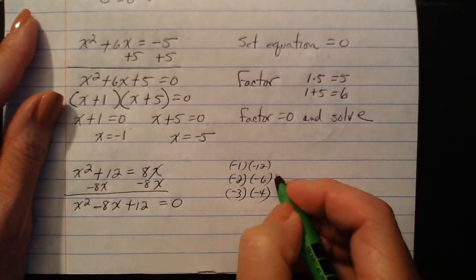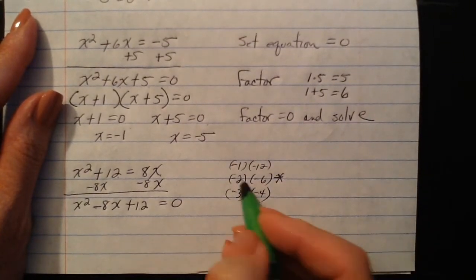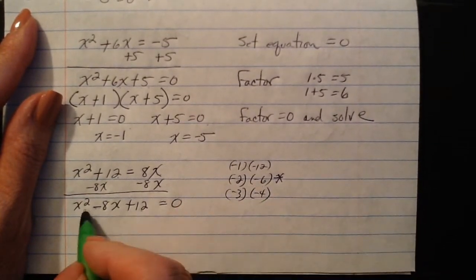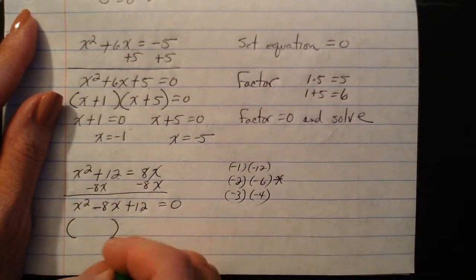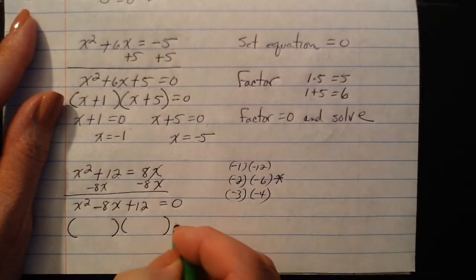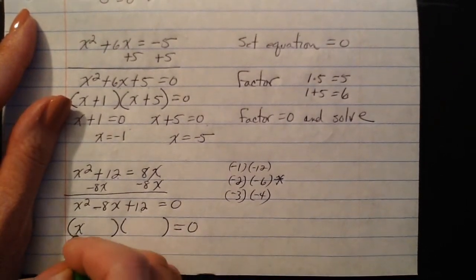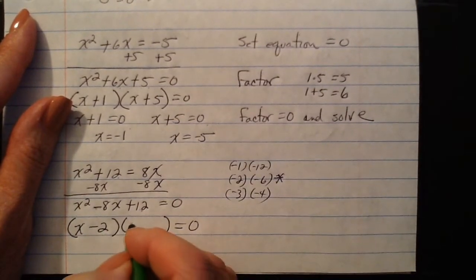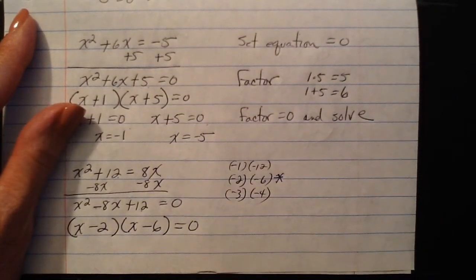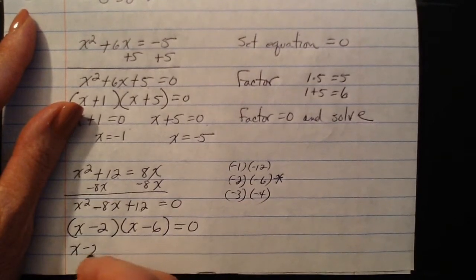I think most of you can see right here, these are the two factors. They're going to multiply to 12 and add to negative 8. Give myself two sets of parentheses. X minus 2, x minus 6. Set each factor equal to 0.